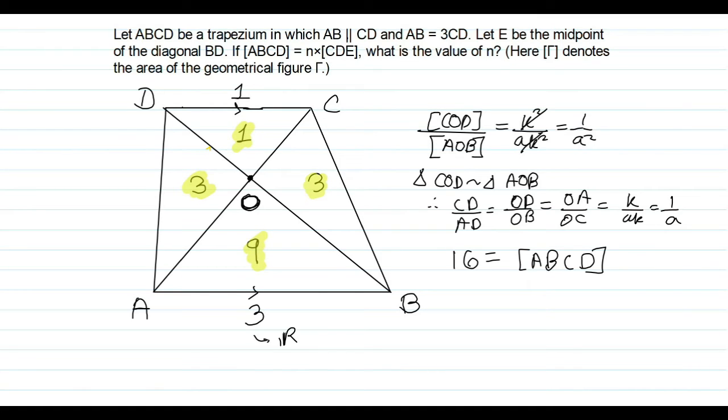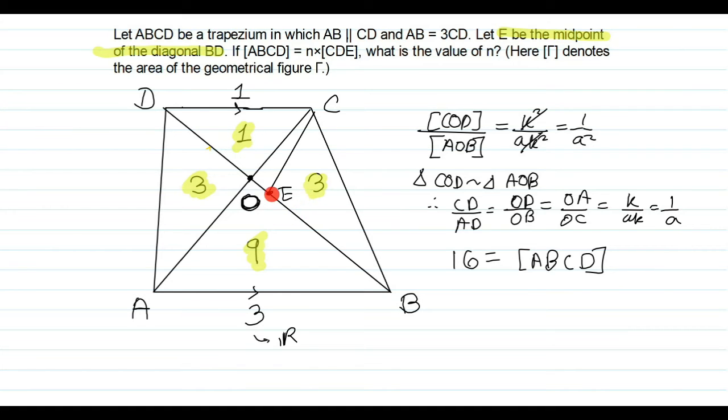Now what our problem says is that E is the midpoint of diagonal BD. So here we have the diagonal BD, and we want the midpoint of this diagonal. Let's say it lies somewhere over here, and I name this point E. Now I again apply that theorem that if the bases of two triangles having a common vertex are divided in a particular ratio, then the areas of those two triangles are also divided in the same ratio.